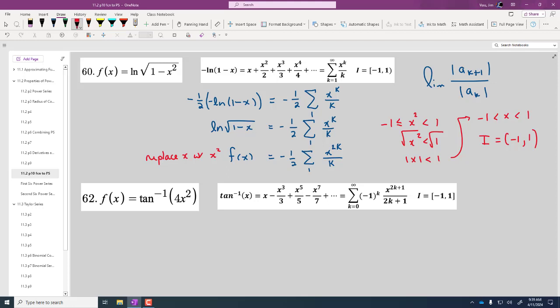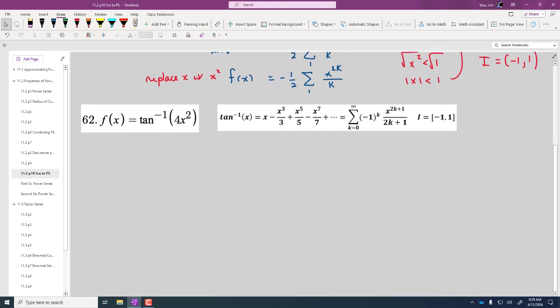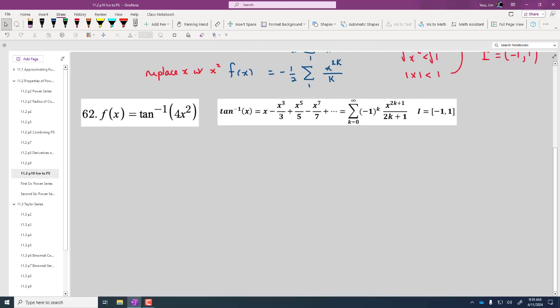Okay, so if we look at the last one here, this one is not so crazy. We've got our inverse tangent power series, already know it. And that interval of convergence is -1 to 1, including endpoints. All we're doing here is a substitution again. So the power series for this function f, all we're doing is replacing the x with not just x squared, but 4x squared in this case.